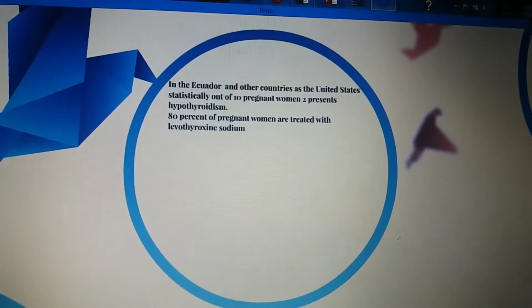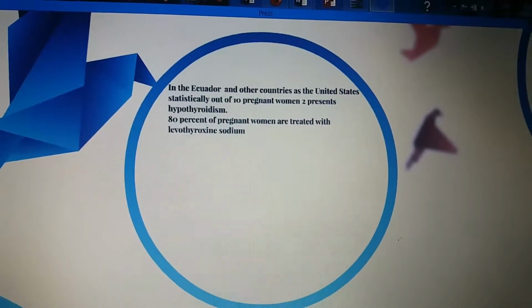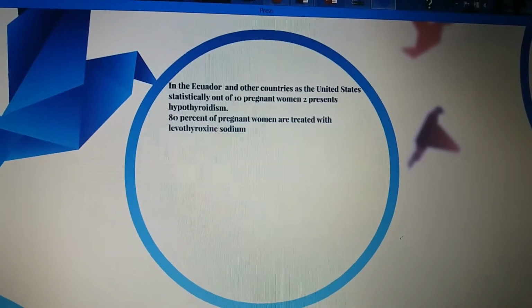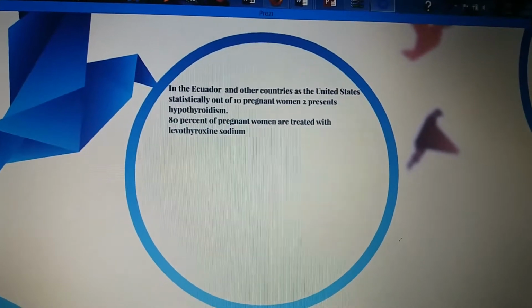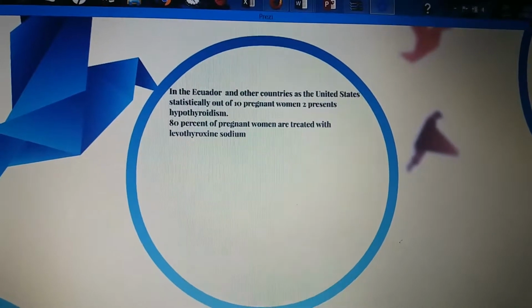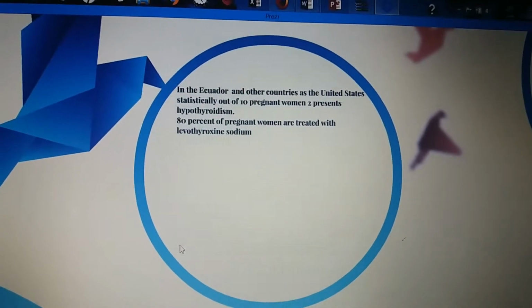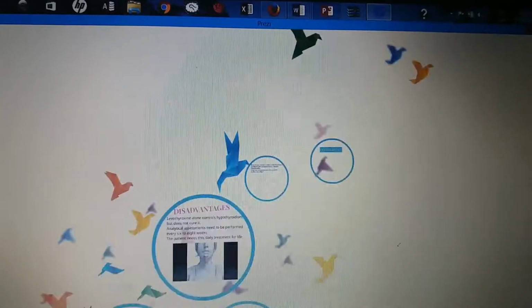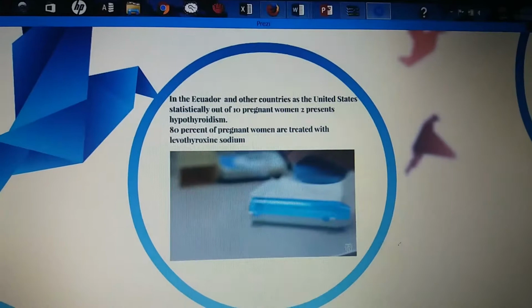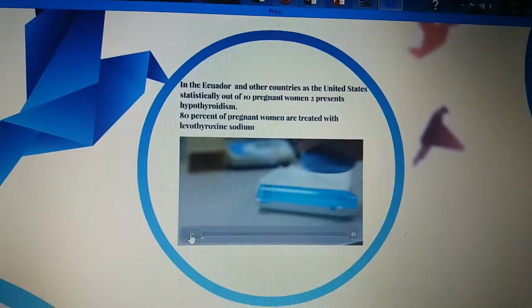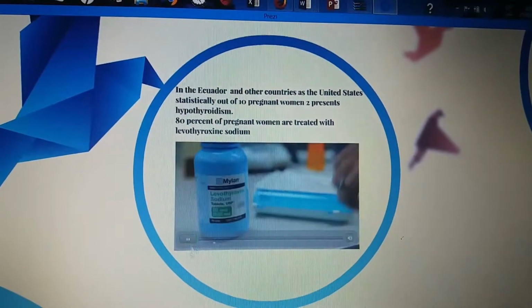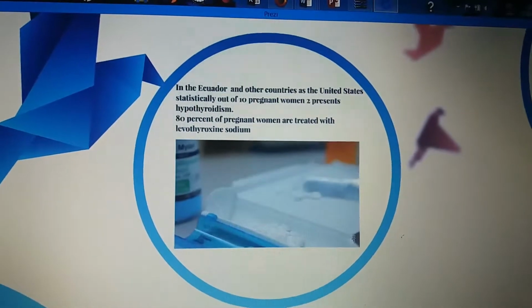In Ecuador and other countries, statistics on pregnant women show 2% have hypothyroidism, and 18% of pregnant women are treated with levothyroxine sodium. More than 120 million levothyroxine prescriptions are written each year.